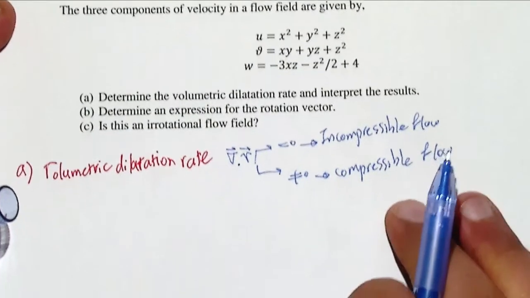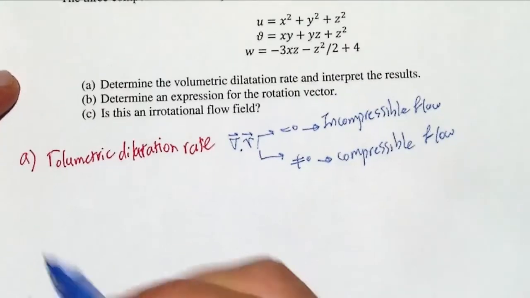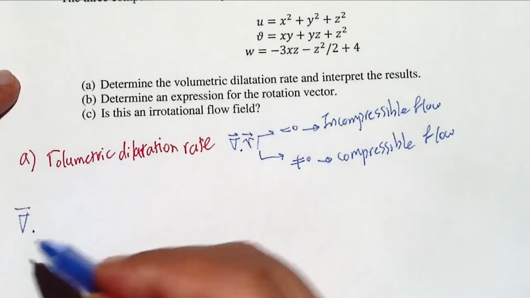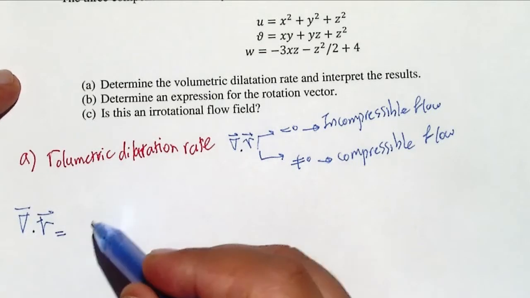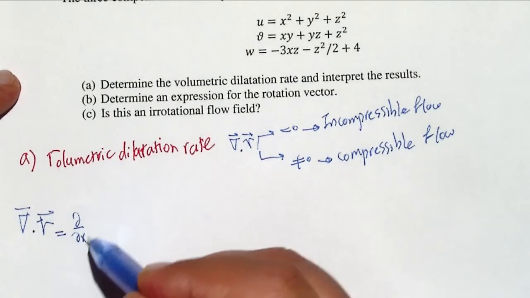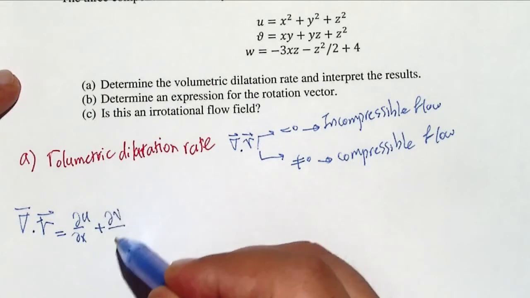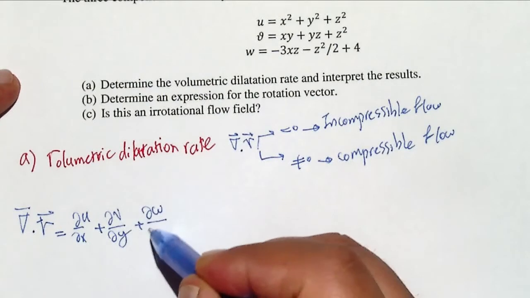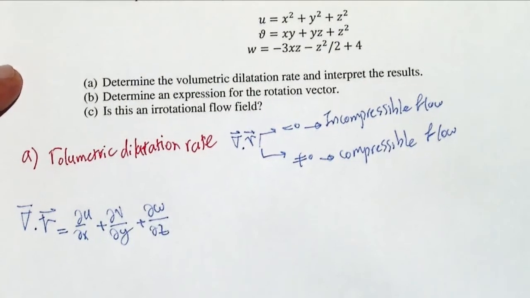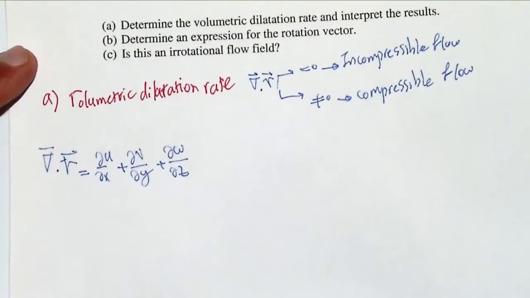So the equation is gradient dot v is equal to the partial derivative of u with respect to x, plus the partial derivative of v with respect to y, plus the partial derivative of w with respect to z. You have to find the answer to make sure the flow is incompressible or compressible.